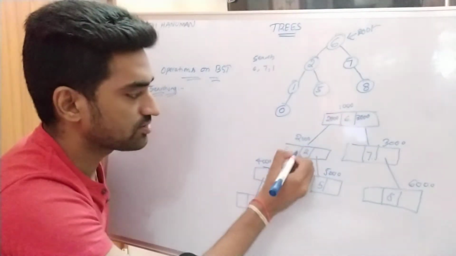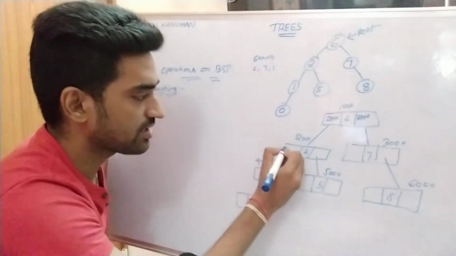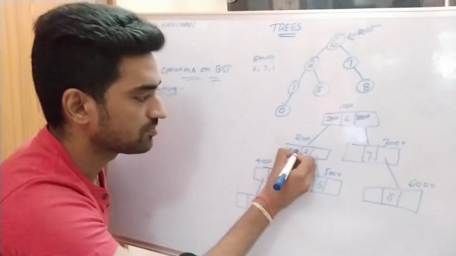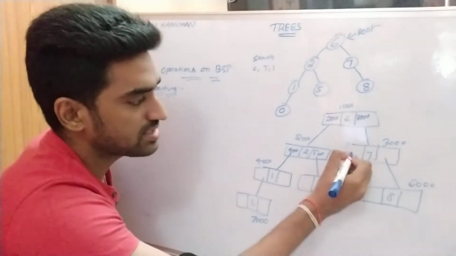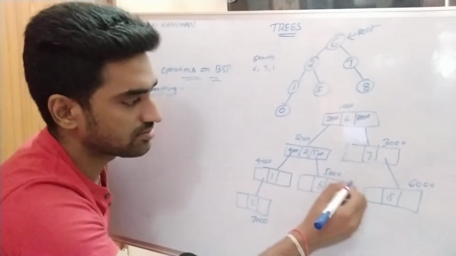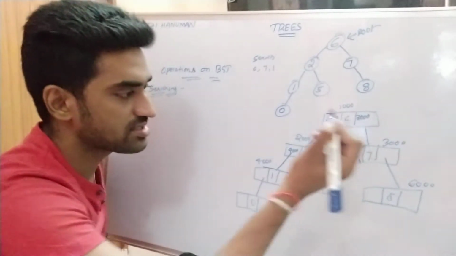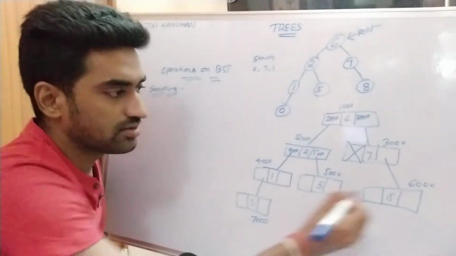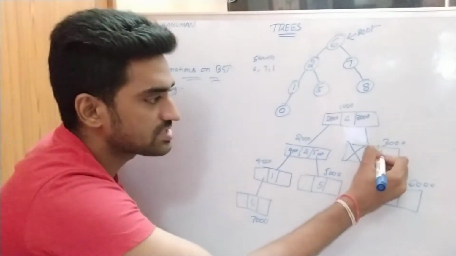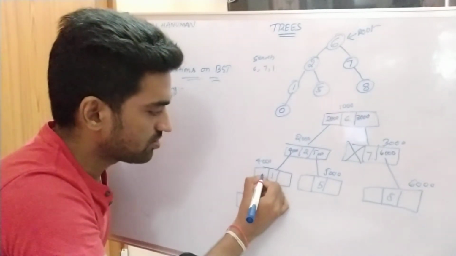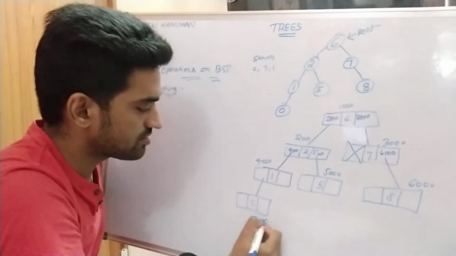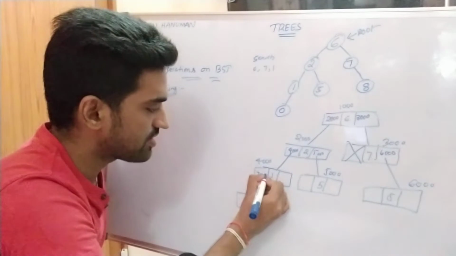Node 2 also holds a left as well as a right address: 4000 and 5000. One node does not contain any right child, so that field can be set to null. This one holds the address of 6000, and this one holds the address of 7000.